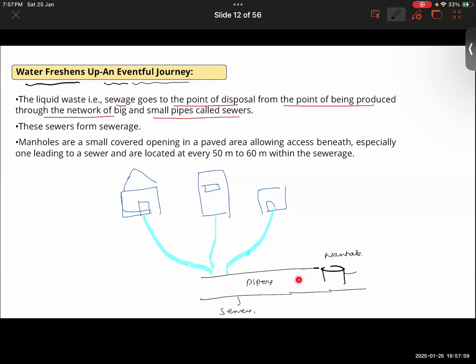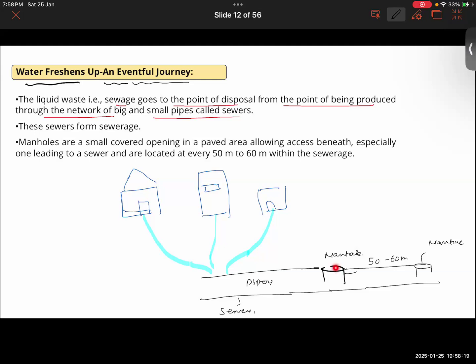So manholes are basically small covered openings in this pipe. They are located at a distance of about every 50 to 60 meters in this pipe. So every 50 to 60 meters, you'll have one manhole, right?